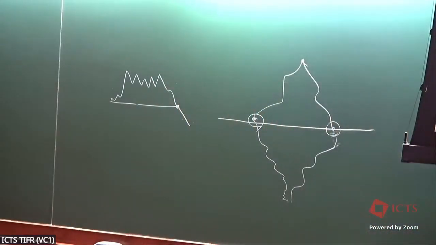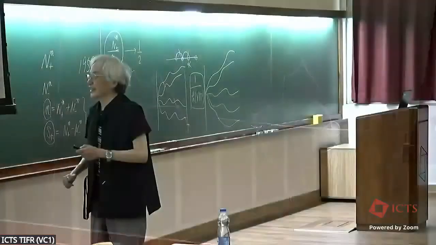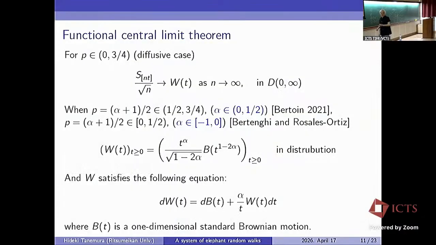This kind of thing is related to this one, and this is some kind of drift. And if alpha is negative, the process goes to the origin with quite strong power. But this depends on T, and the drift becomes smaller and smaller. And the first hitting time has finite expectation, but for the second, third, the expectation is infinite. Null recurrent.